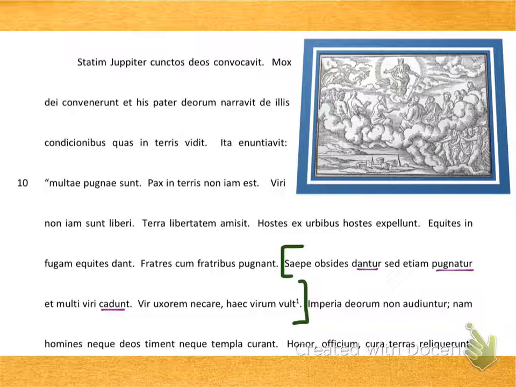Notice that you see no by phrase in the part of the sentence with the passive voice verbs. Remember that in Latin, the by phrase starts with a or ab, and then is followed by a noun in the ablative case. Usually that noun in the by phrase will be a person's name or a noun that names a person, like man or king or queen or master or servant.